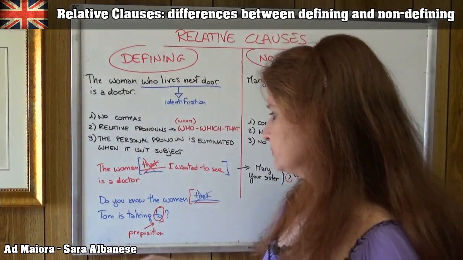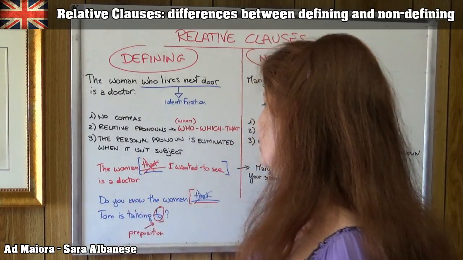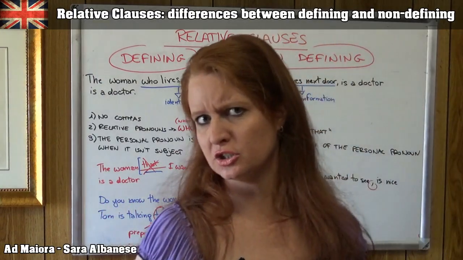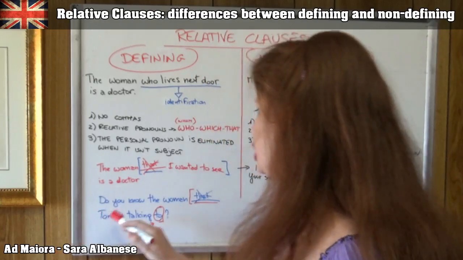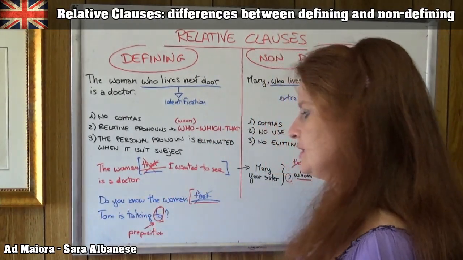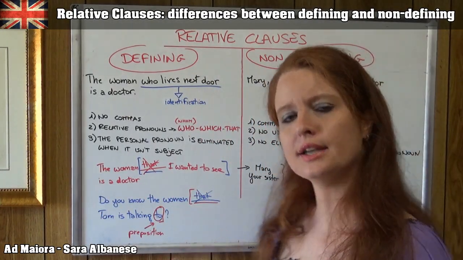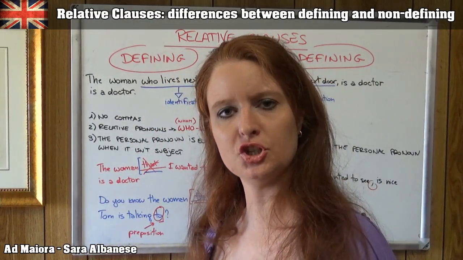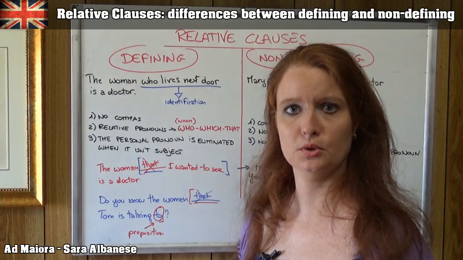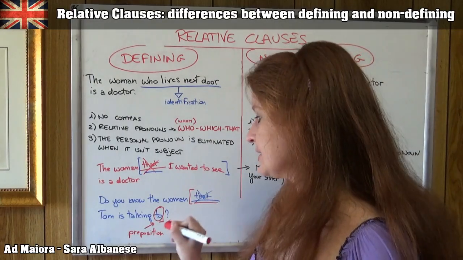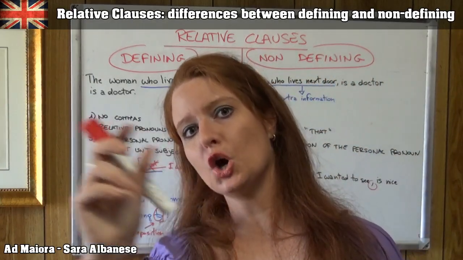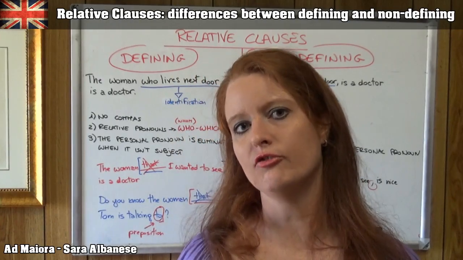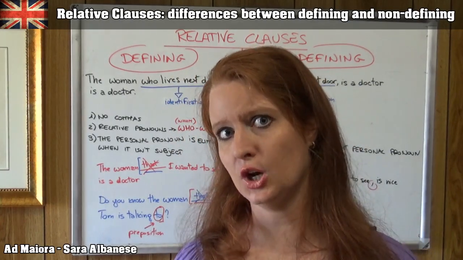Another example. Do you know the woman? In this case it's a question, but it's exactly the same. Do you know the woman Tom is talking to? Well, right, in this case we've got a verb that requires a preposition, the preposition to, all right? So in this case the preposition goes to the end of my clause, of the relative clause.